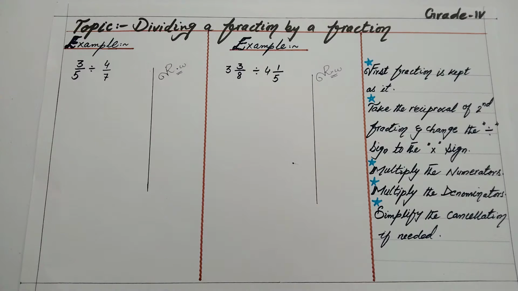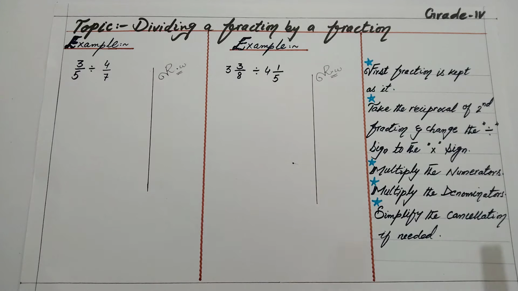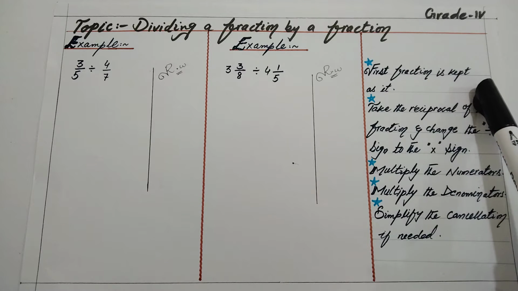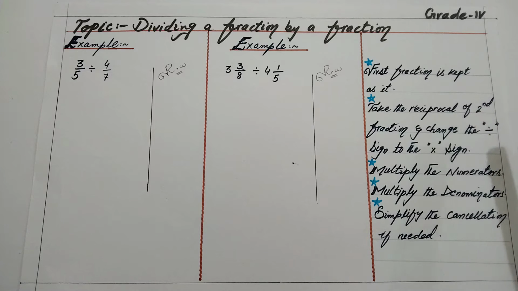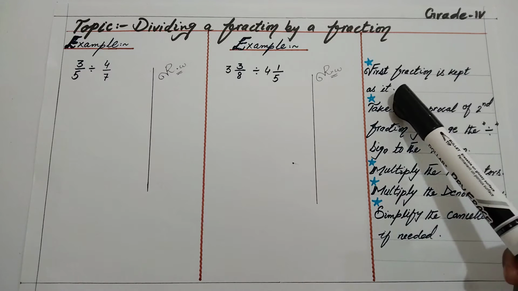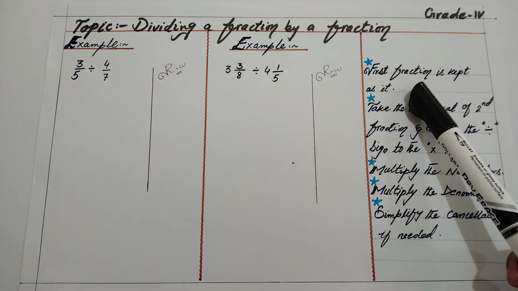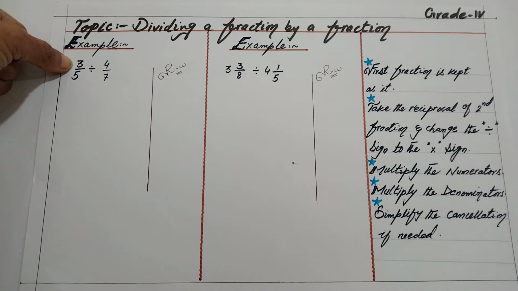So let's start. Before starting the example, I will again repeat the steps of how to divide a fraction by a fraction. What is the first step? First fraction is kept as it is. It means the first fraction, like in the first example, 3 by 5, is kept as it is.